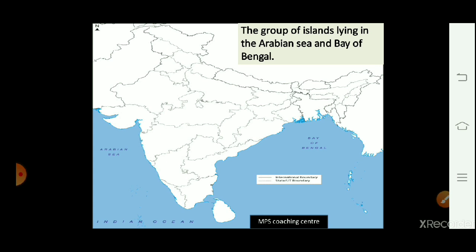Once or twice in a day they have to take a look and try to memorize the position and names of states, because once we memorize all the states and their approximate positions, it will be easy for us to plot all the items more precisely in class 9 as well as in class 10, because once we are sure of the position of all the states, we are able to recall all the physical features as well as all the activities related to these states on the map.